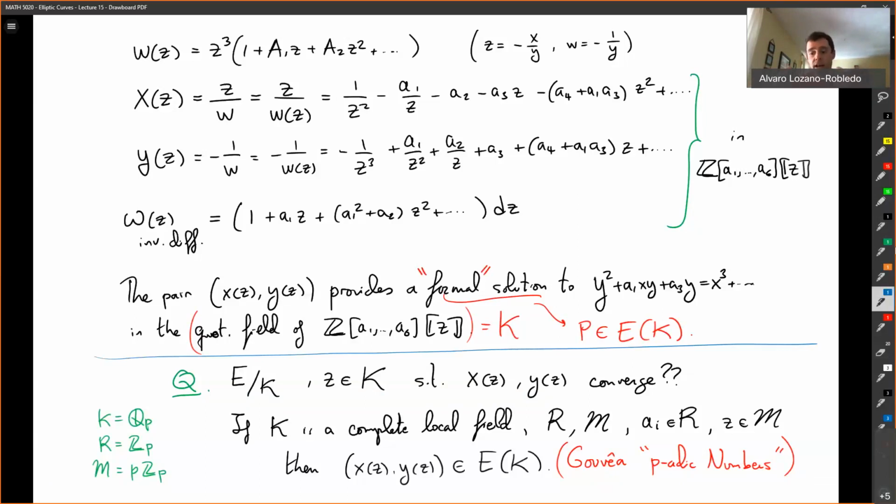I'm just giving you solutions in 6 variables, A1 through A6 and Z, that are formal solutions, in the sense that it's just a power series solution to your elliptic curve.